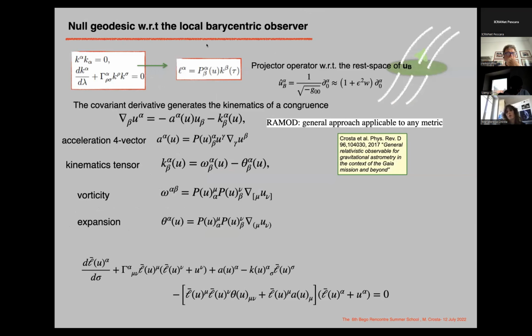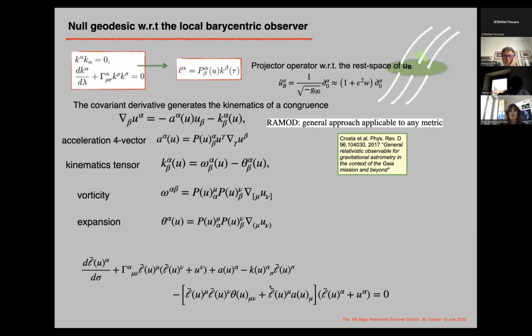Basically, the unknown of RAMOD is the light projected on the rest frame of a local barycentric observer. So the observer is at rest with respect to the BCRS, and of course it takes into account all geometrical properties of the congruence of curves of this local barycentric observer.